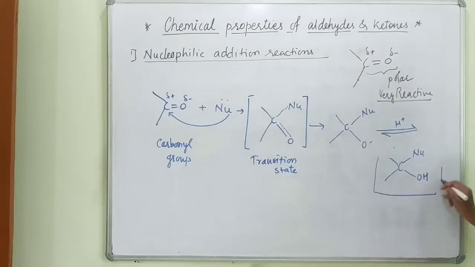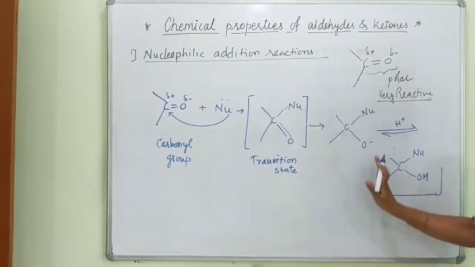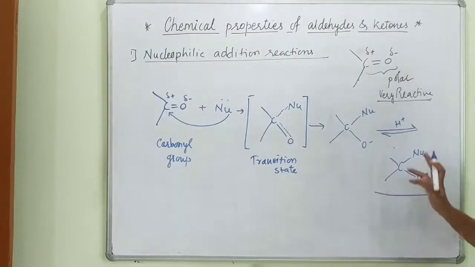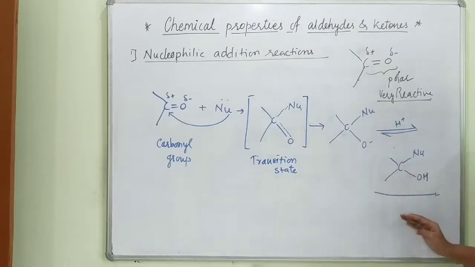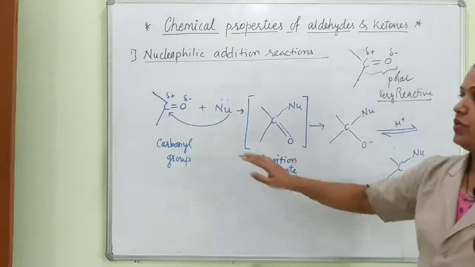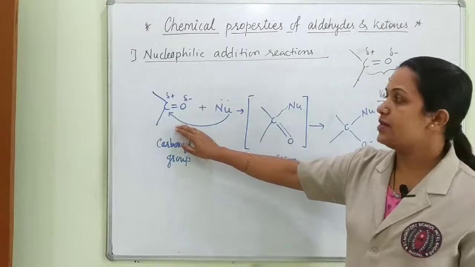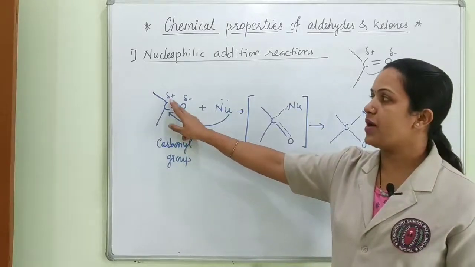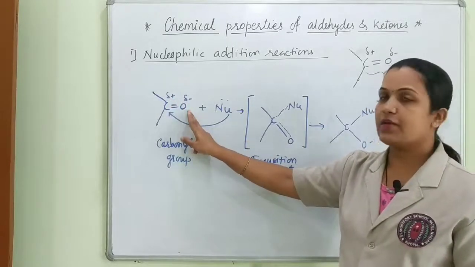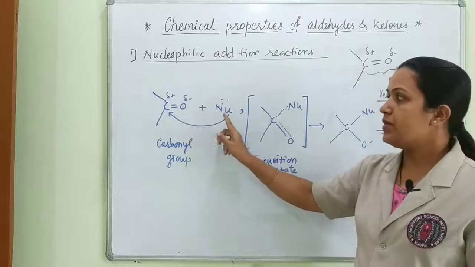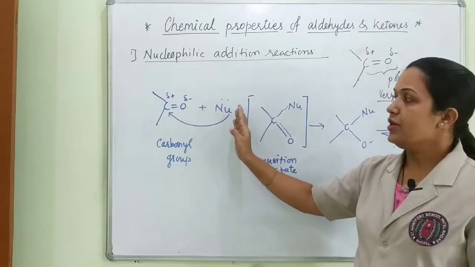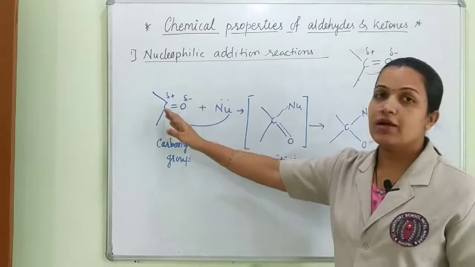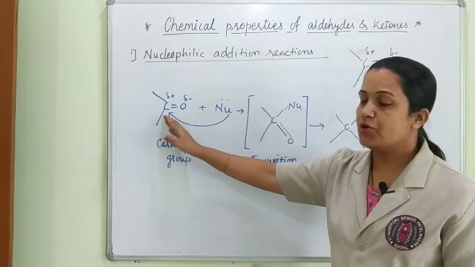So whenever a nucleophilic addition reaction occurs, the carbonyl group reacts in this way. Now let's understand the mechanism of this reaction one more time. This is the carbonyl group. In this carbonyl group, carbon acquires a partial positive charge and oxygen acquires a partial negative charge. The nucleophile will attack the carbon, which is positive in nature.